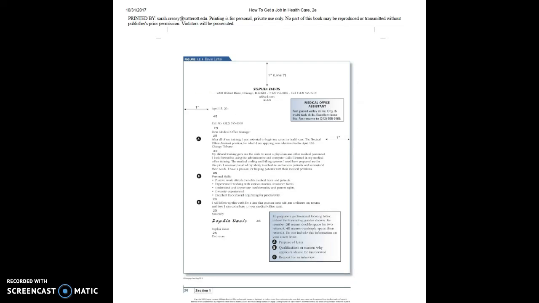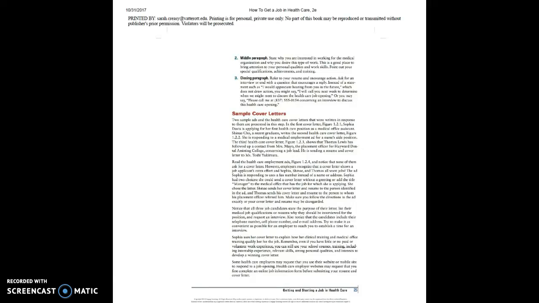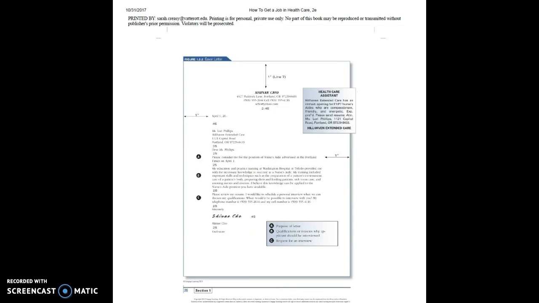Now you've got 3 different examples. Here's one example. It goes through and talks about where everything should be spaced, all of those types of things. What goes in the opening paragraph, the middle paragraph, and the closing paragraph. So this one is all about Sophie Davis. She's applying for her first healthcare position in a medical office. And what should she do?